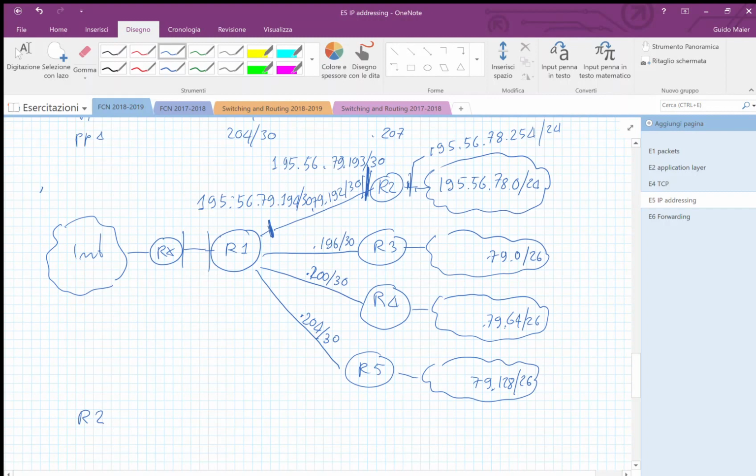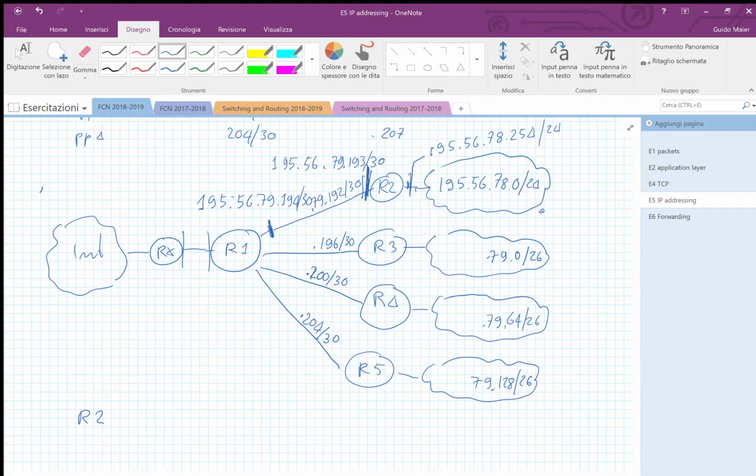Here we have a single interface of this router that is leading to the rest of the world, which is the interface towards router number 1. Router number 2 is the default gateway for this network here, and all the packets that are going from that network to the rest of the world will go to the same interface.